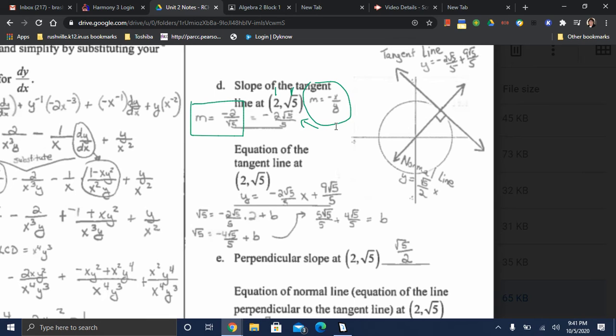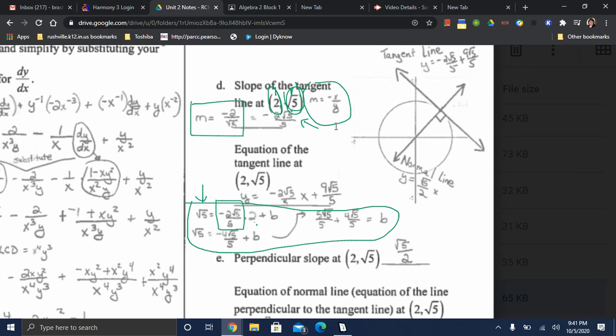And then my work to find the equation of the tangent line is in this area right here. So I substituted in from my ordered pair, here's the y, and then here's my slope, negative 2 square root 5 over 5, and my x, that's the 2, and then plus b. So I'm looking for b.